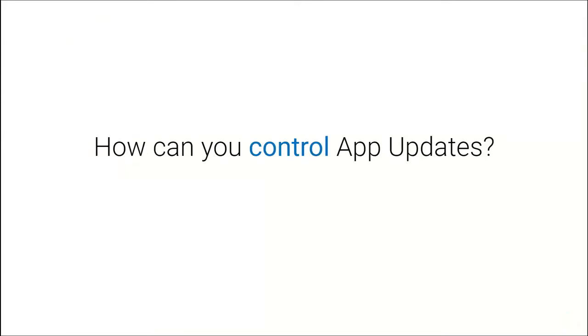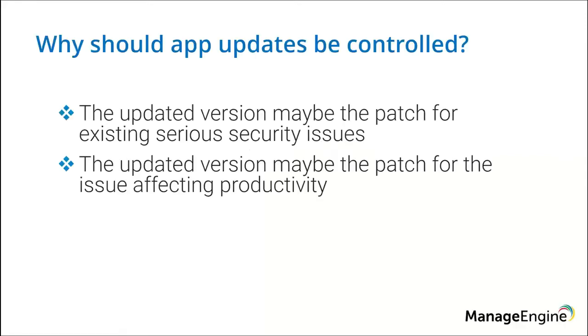So now that we have deployed the applications either manually or silently via MDM, we'll see how to control the application updates. Before seeing how to do that on the MDM web console, we'll see why we should control the app updates. The reason is that the updated version of any application can contain the patch for existing security issues, or it can contain the patch for current issues that are affecting the productivity of an organization.